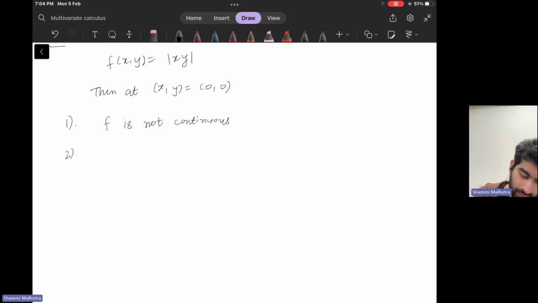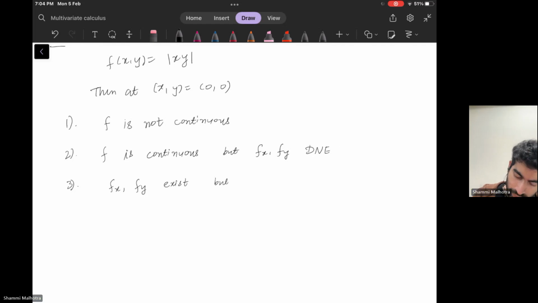The second thing is f is continuous, but fx, fy do not exist. Fx, fy exist, but f is not differentiable.